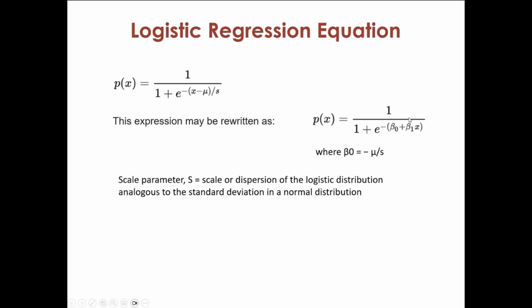Or we can replace the readings of x and mu with the coefficients beta 0 and beta 1. This can be acquired by using a formula. And what is s? s is the scale parameter. It represents the dispersion of the logistic distribution, just like the standard deviation in a normal distribution.